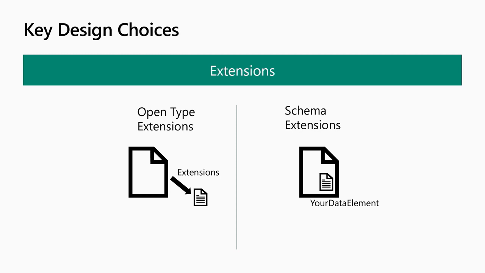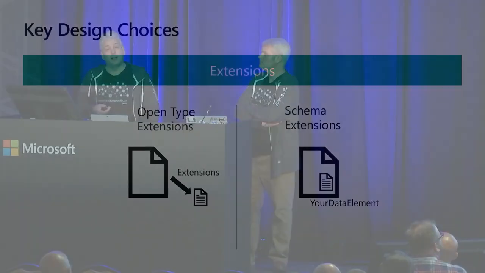And that allows you to do things like filter and select on those properties because it becomes a first-class property of the entity. There are limitations, obviously. You can only have 5 schema extensions per application, but there's a ton of value that you can have. And it's a trade-off. Maybe one will work better for you, maybe the other will work better for you. But it's good to know that both options exist.